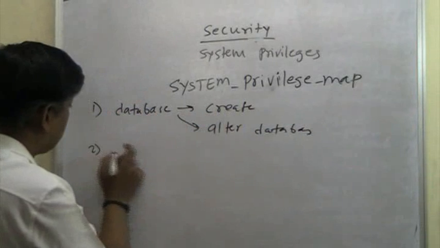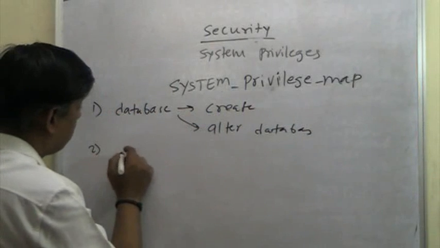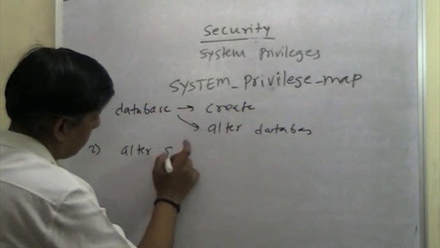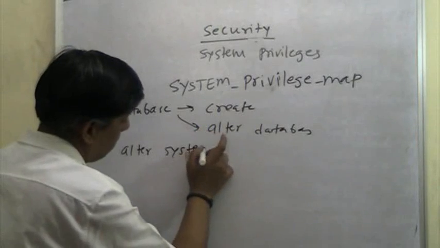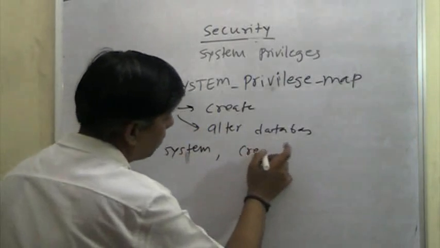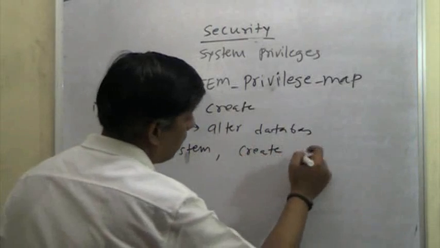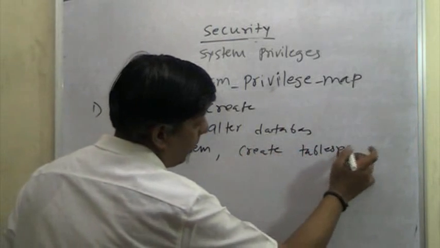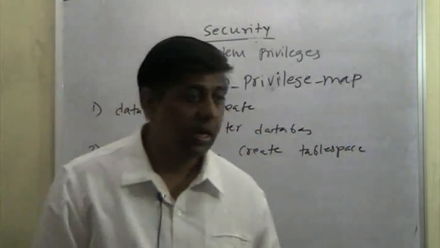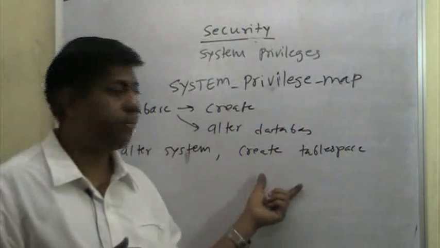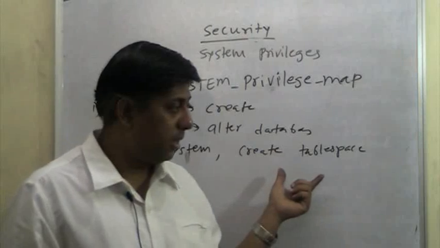Then we are going to execute a command alter system, as I just mentioned. Then there is create tablespace, so create and alter mostly. We know now what a tablespace is. So create tablespace, drop tablespace. These are certain system level privileges that are there.